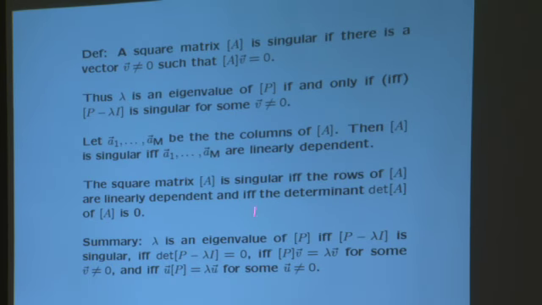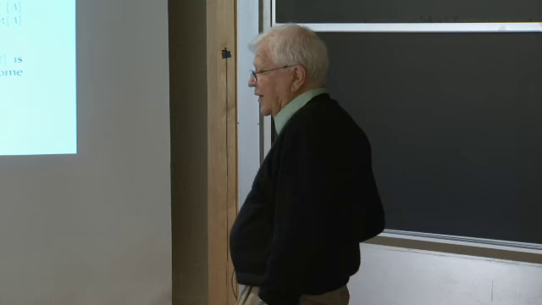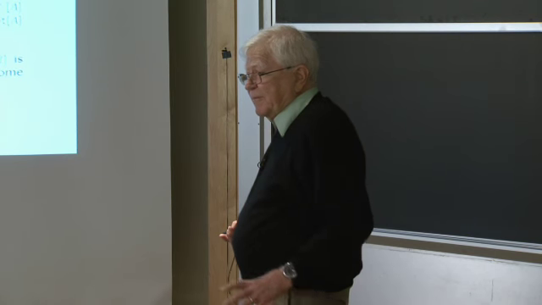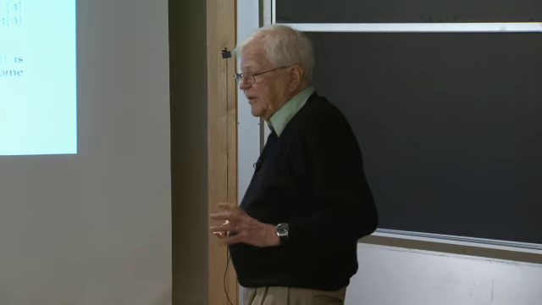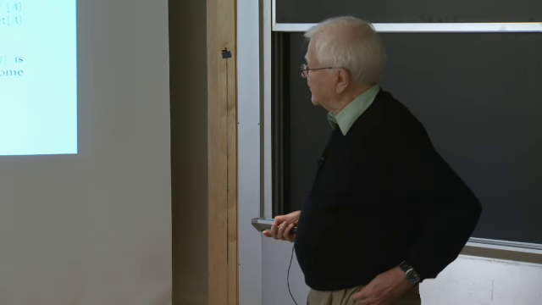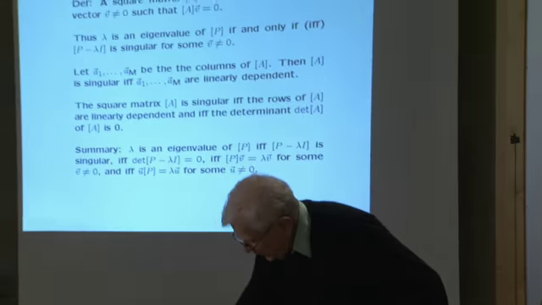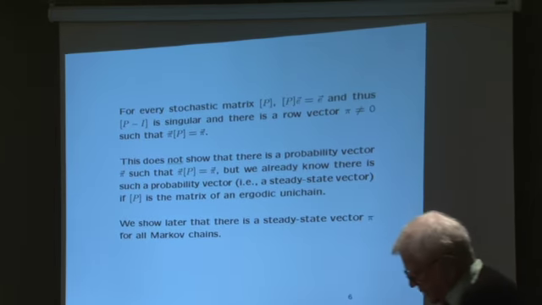In other words, if there's some vector V such that A times V is equal to 0, that means that those columns are not statistically dependent, but are linearly dependent. Okay, so we need all of those relationships.